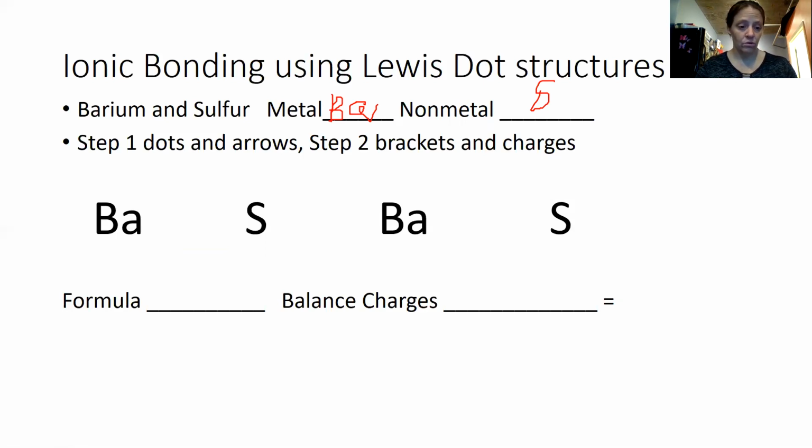We will rewrite that so it looks like an S. Okay, so that one's going to be sulfur. And like we said with barium, barium has 2 valence electrons. So I'm going to go ahead and write those in. Okay, and sulfur has 6 valence electrons.